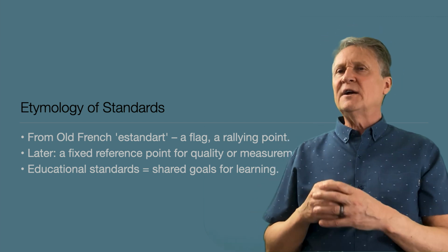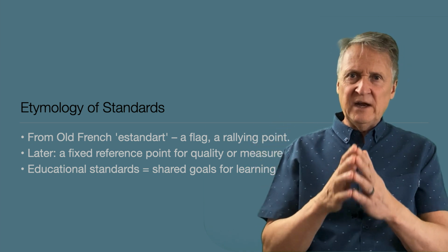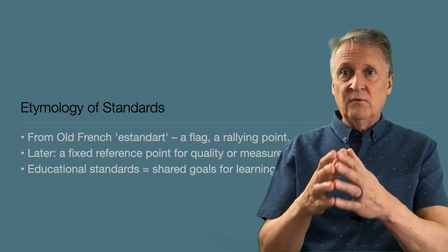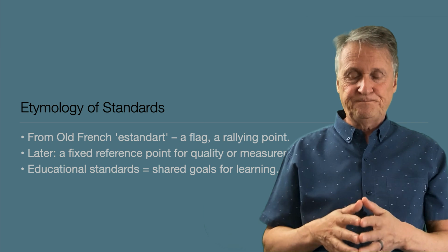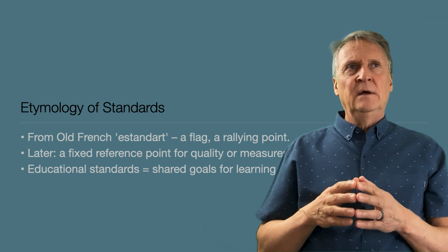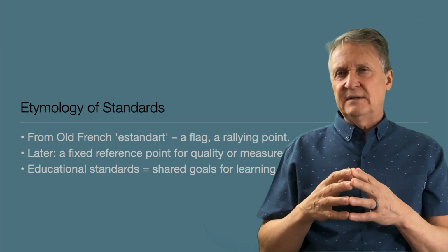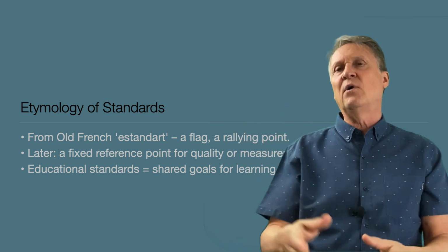So when we talk about educational standards, we're really talking about shared reference points, agreed upon goals for what students should know and be able to do. They're like the big coordinates on the map that help schools stay aligned, helping learners move forward together.